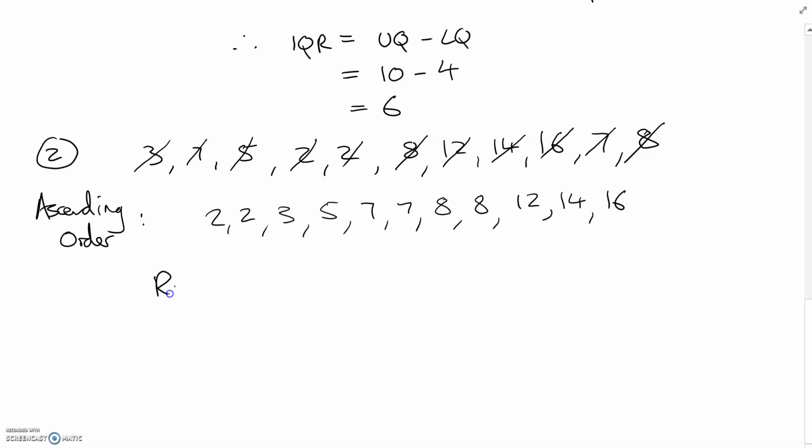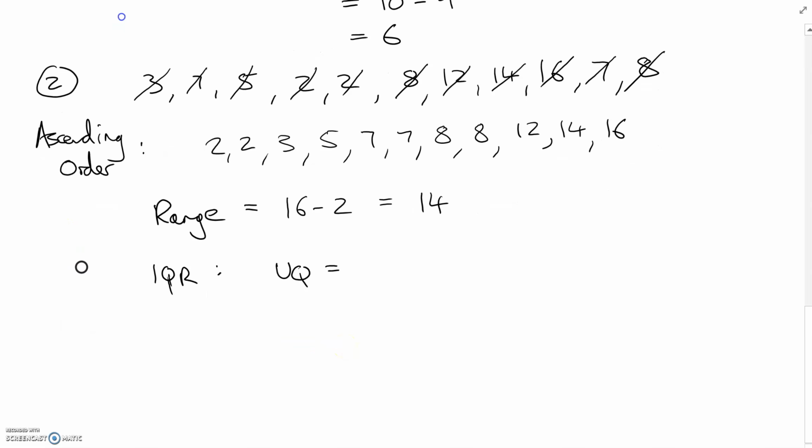So the range, biggest minus smallest, 14. Nice and easy. Interquartile range, a little bit harder. We'll find the upper quartile first. I notice I'm abbreviating it now just to make it a little bit less writing. But the upper quartile is 3/4 of the (n plus 1)th term, and the lower quartile is a quarter of the (n plus 1)th term.